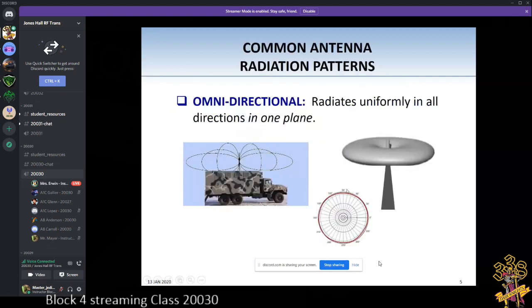Here's an omnidirectional antenna. Omnidirectional antenna radiates 360 degrees around the antenna in one plane. Okay, so it's not like a ball, it's more like a saucer. Here shows you the radiation pattern. Here you have a whip antenna on top of a vehicle. There's your E field. E field determines the polarity, correct? Yes, ma'am.